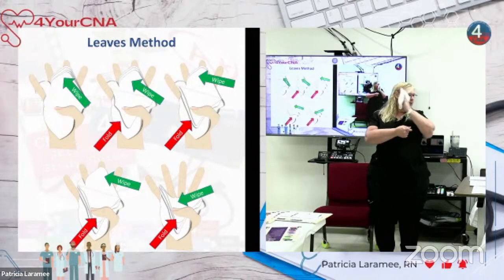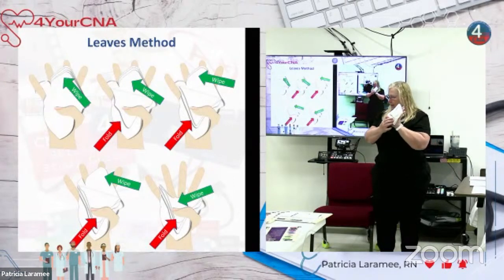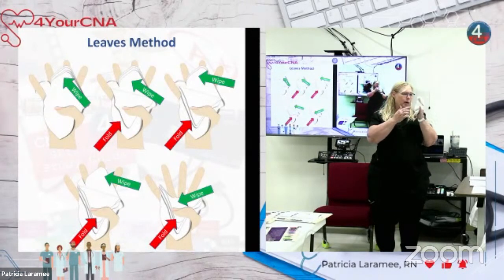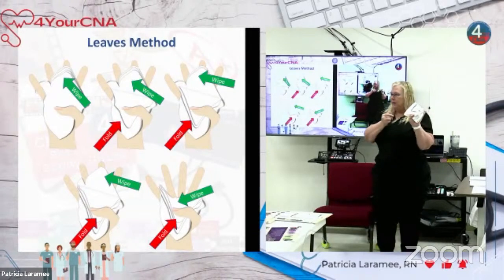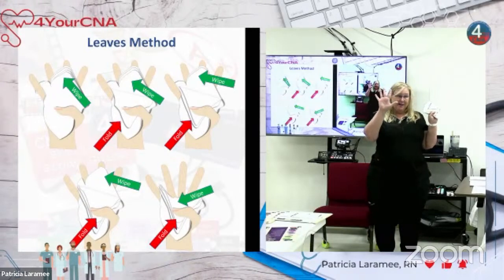Then we can wipe the other eye. And we could fold that over so that any contamination gets trapped underneath. Then we can use this one to wipe the mouth area and fold it over so any contamination gets trapped underneath. And then we could use this to wipe the nose. So we've gone over 4.